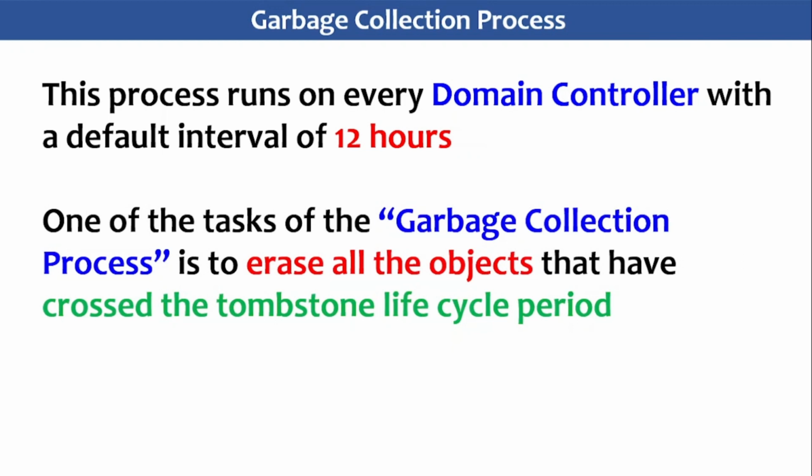And one of the tasks of this garbage collection process is to erase all the objects that have crossed the Tombstone Lifecycle Period. There are many other tasks as well, but this is one of the tasks of the garbage collection process.